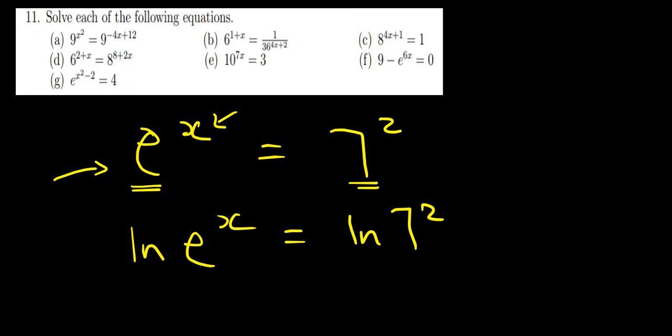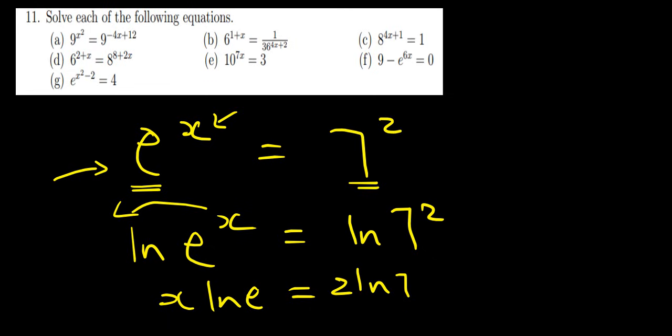So this will give us what? I can drop this x, so it will be x ln e is equal to ln 7 squared. In ln 7 squared, we can drop the 2. So if we're finding the value of x, it will be equal to 2 ln 7 divided by ln e. This ln e has a special value: ln e is the same as 1.